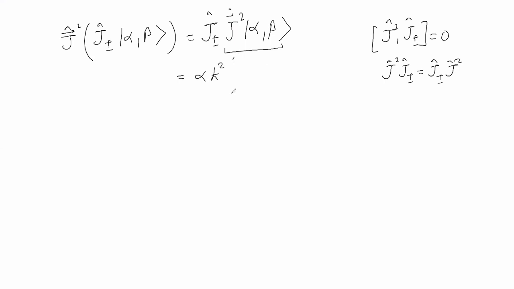Therefore, alpha h cross square is the eigenvalue, and I can take out J plus minus alpha beta. Therefore, if J plus minus alpha beta is an eigenstate for the operator Jz, then J plus minus alpha beta should also be an eigenstate for the operator J square. Okay? Is it clear to everybody?